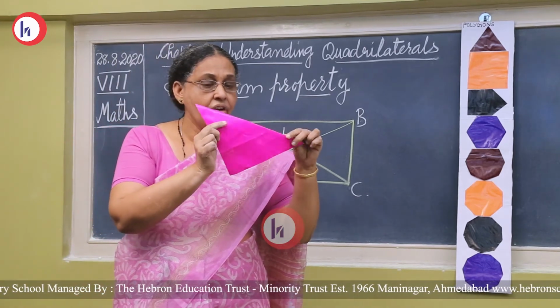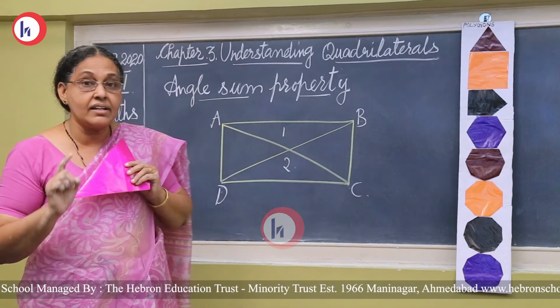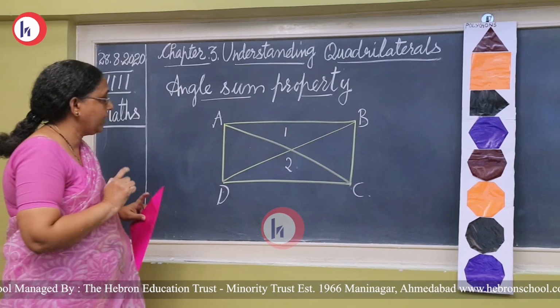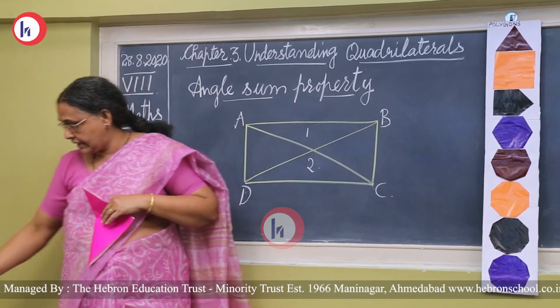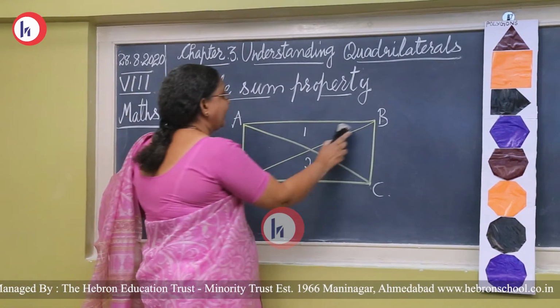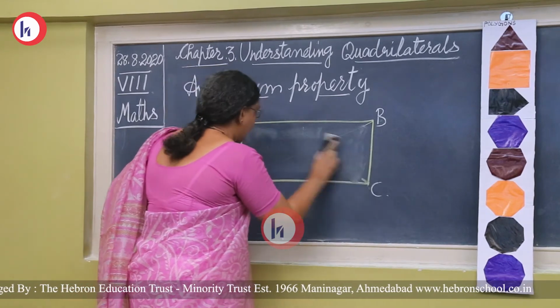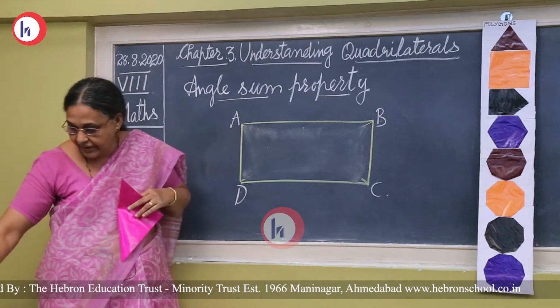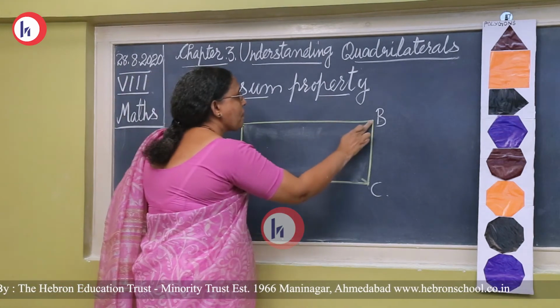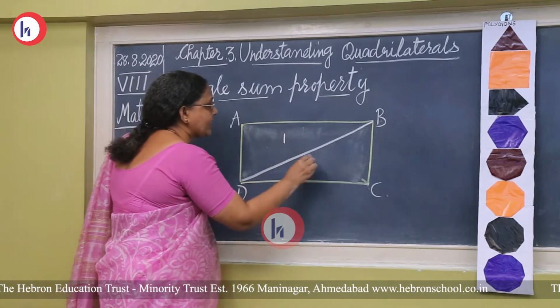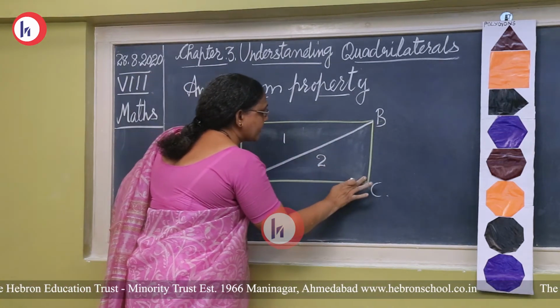It is one of the methods you can use to find the angle sum of a quadrilateral. Here also you can see that quadrilateral ABCD can be divided into two triangles. One is this, second one is this.